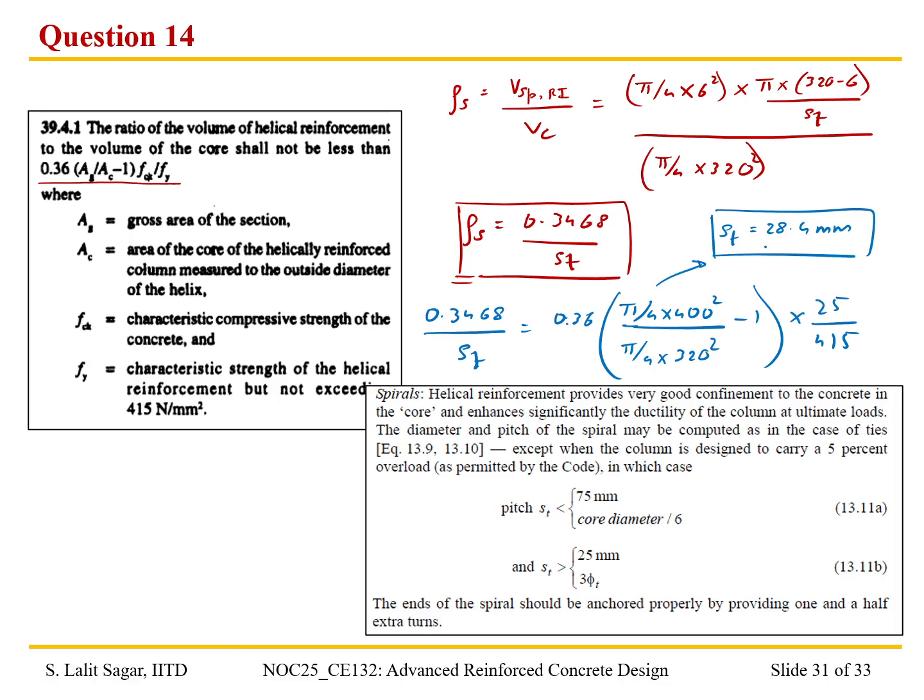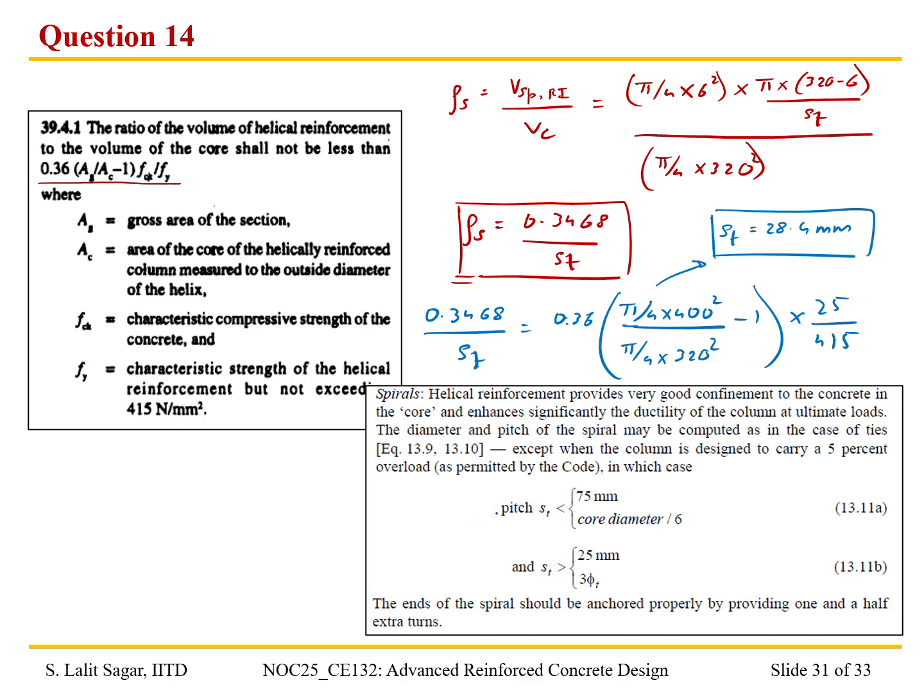So for our design, the ratio of the volume of the helical reinforcement to the volume of the core should satisfy this particular equation as per clause 39.4.1 of IS 456. So to satisfy that ratio, we are getting a spacing of 28.4 millimeter.